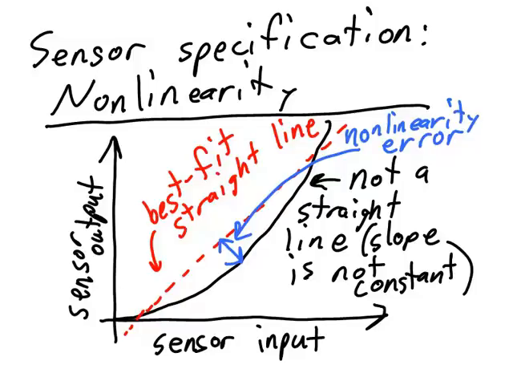For example, when you purchase a photocell, the datasheet will probably tell you the nonlinearity for the sensor response curve that reports lux, the sensor input that is light intensity, versus ohms of resistance, the sensor output.